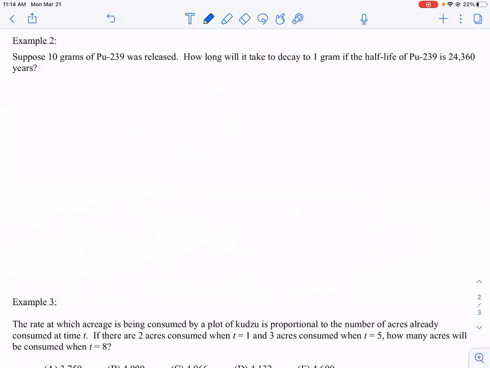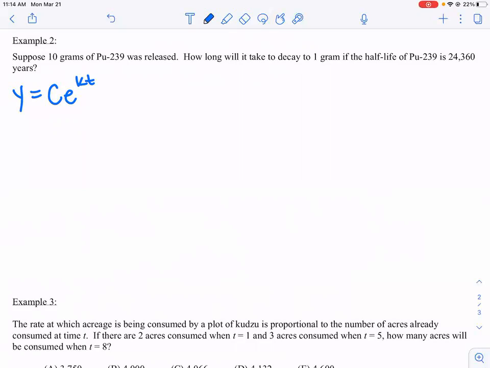Okay, so we're talking about half-life. So y equals c e to the kt, but this time k is going to be what kind of number? Negative, because we're decaying. 10 grams was released. What does that give us?